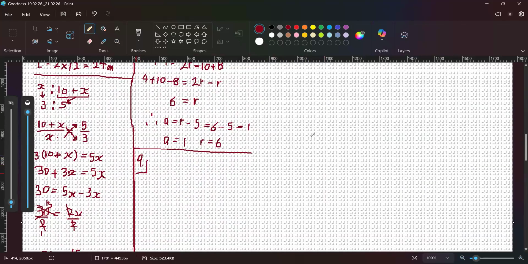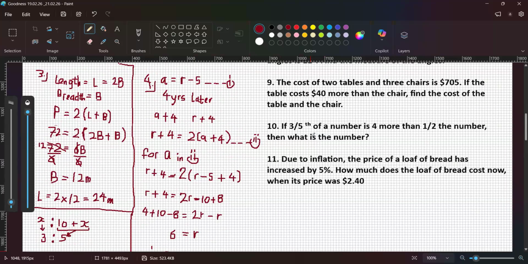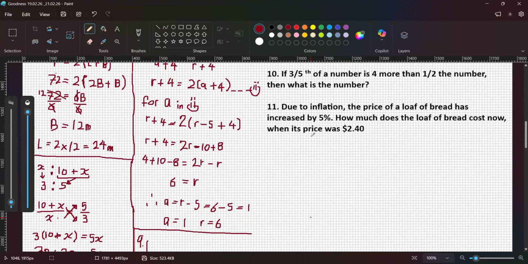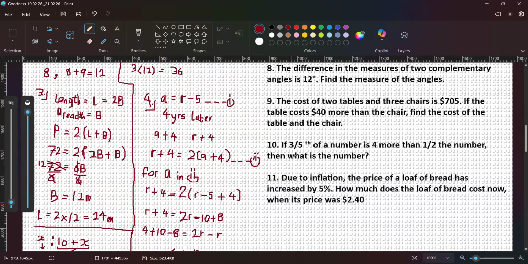So number 9, 2 tables, 3 chairs. Don't worry, we'll come to that 705 in a bit. If the cost of table is T, now let's look at the next thing.